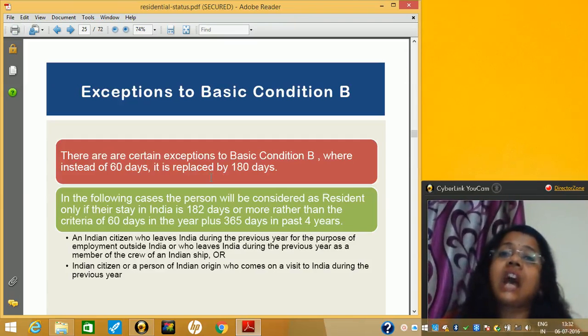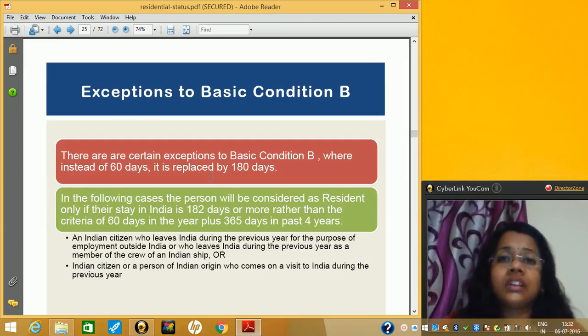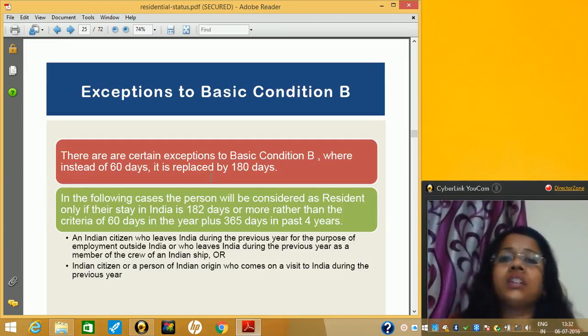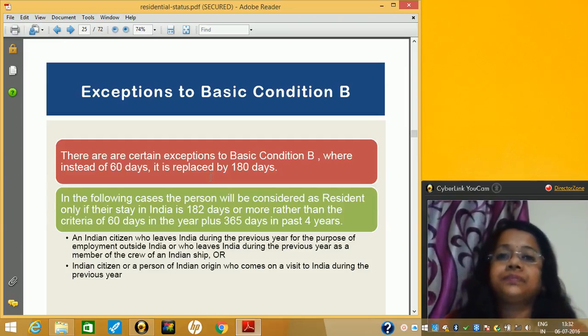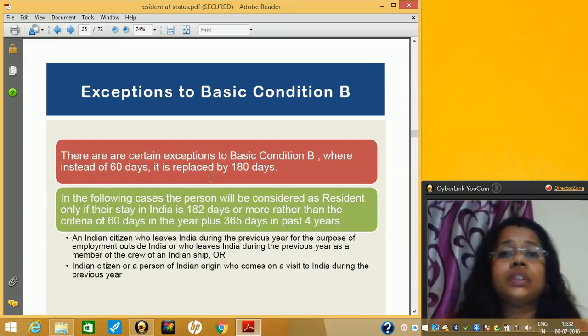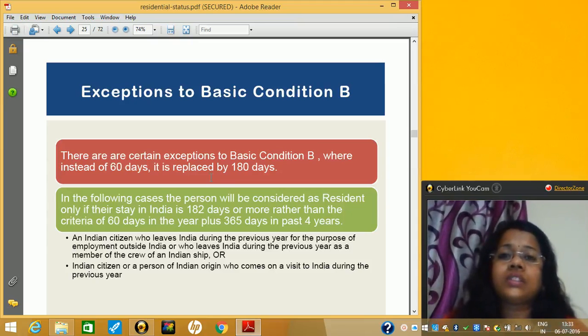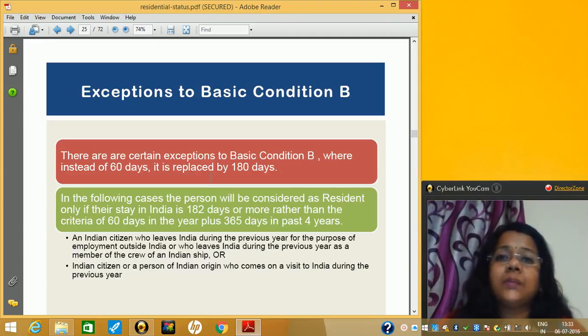And resident are further categorized in two parts: resident and non-ordinary resident, resident and ordinary resident. And then we read about the conditions on the fulfillment of which we determine whether the person is resident or not. The first condition was that his stay in India during the previous year is 182 days or more.